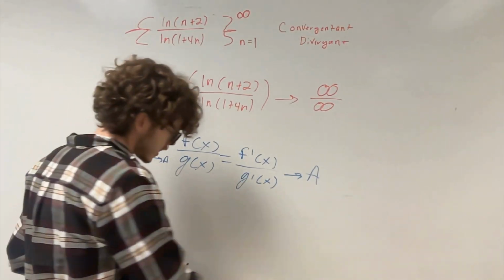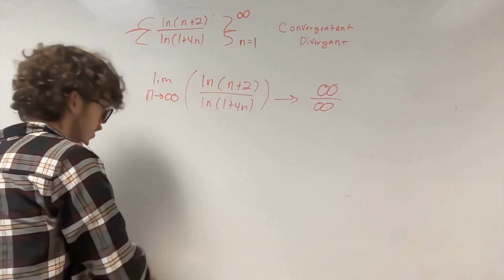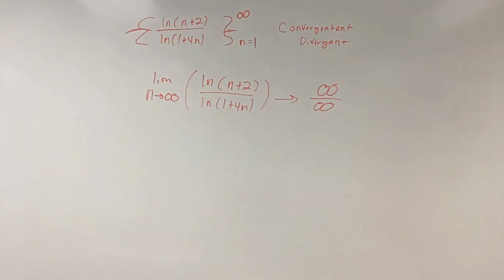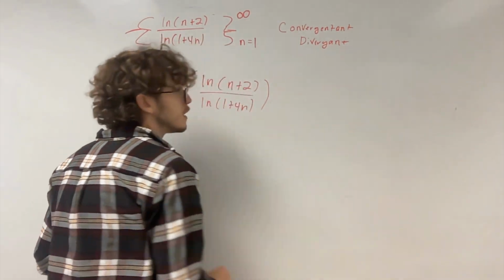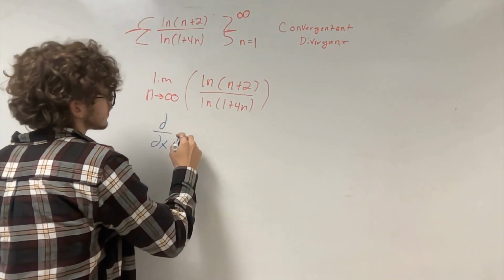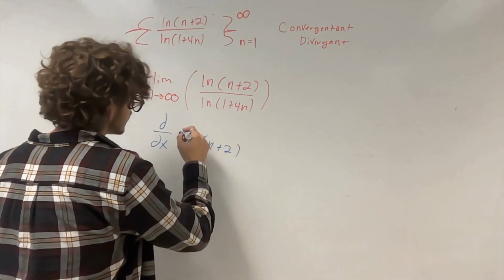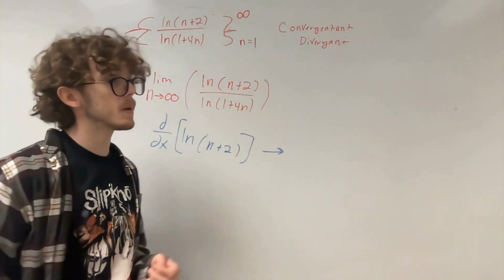So let's go ahead and solve using L'Hopital's rule. I don't want to evaluate the natural log of something at infinity, so I'm going to take the derivatives. Let's find the derivative of each, piece by piece.